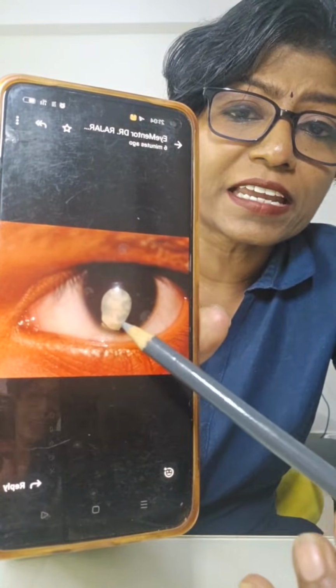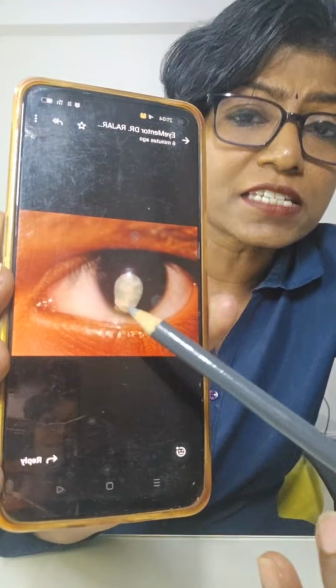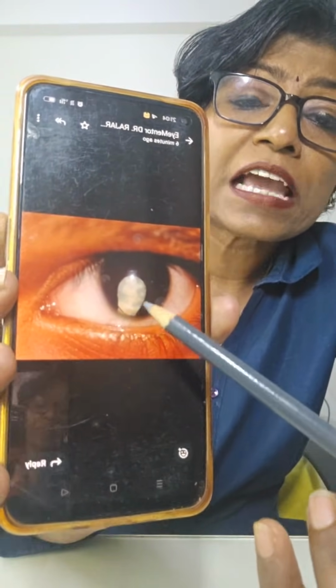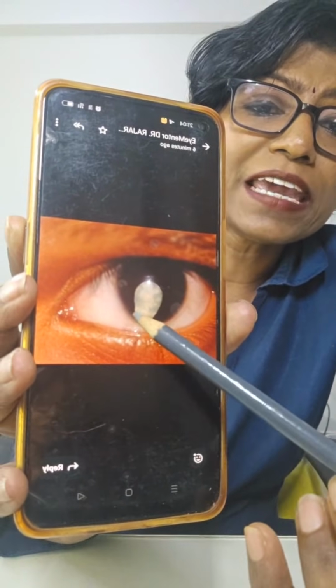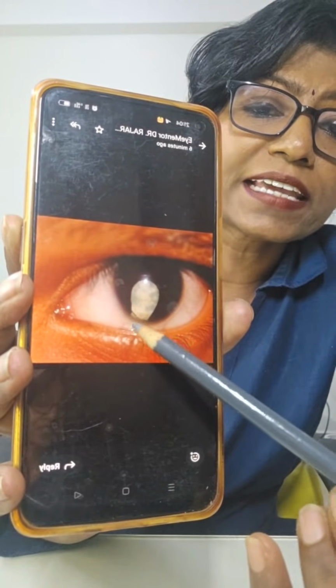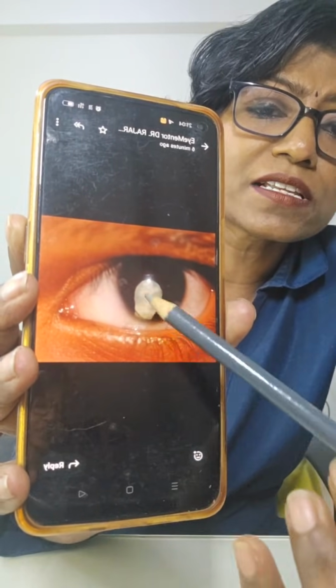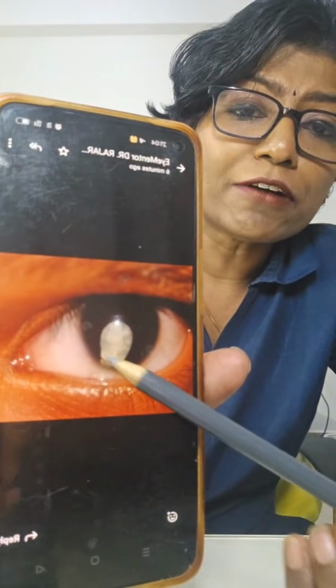So one finding is iris coloboma and this is a typical coloboma. Now why am I saying it is a typical iris coloboma? A typical iris coloboma will be inferonasal in location like this, because this is the left eye, so this is the medial or nasal part, corresponding to the location of your embryonic or choroidal fissure. Iris coloboma forms because of an embryological problem.